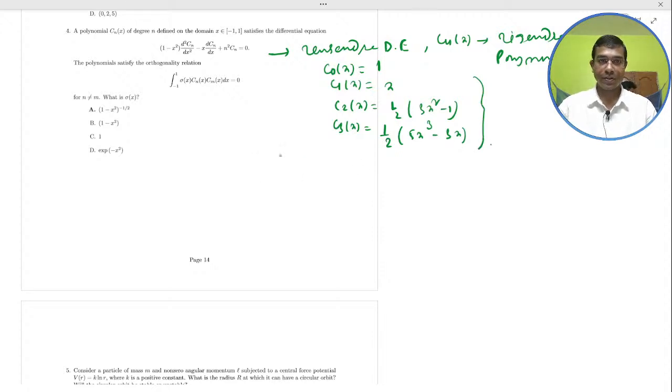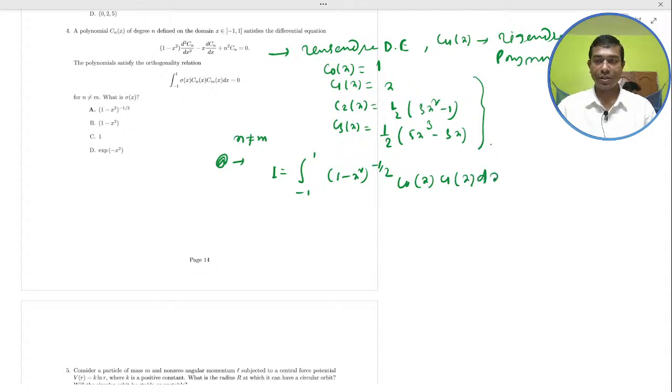Now let us check for n not equal to m. Check option A: I equals integral -1 to 1 of 1 minus x square to the power minus half, C naught x C1 x dx. This is nothing but integral -1 to 1 of x divided by root over 1 minus x square dx. Now substitute 1 minus x square equal to t square.